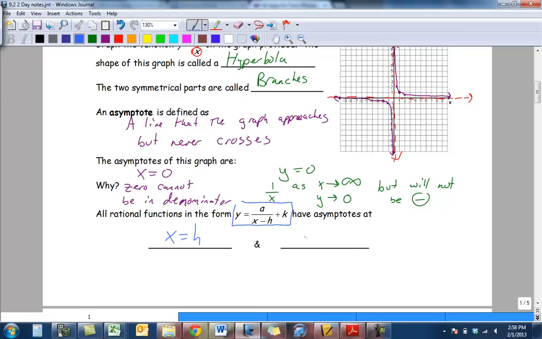And then there's going to be a horizontal asymptote. This is going to be your vertical asymptote, and our other one is going to be at y equals k. And that's going to be our horizontal asymptote.